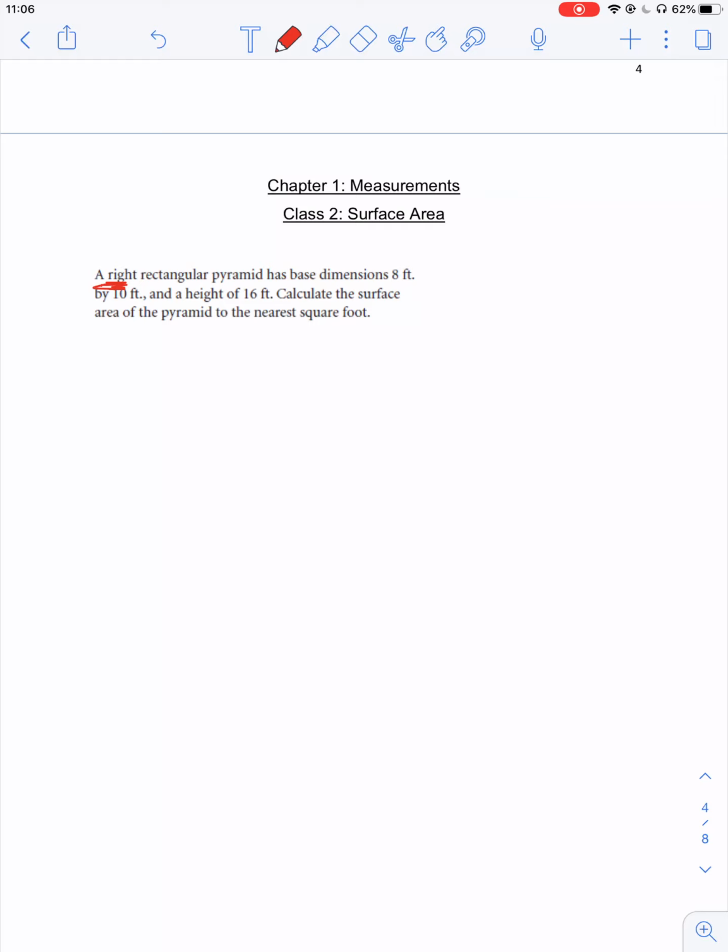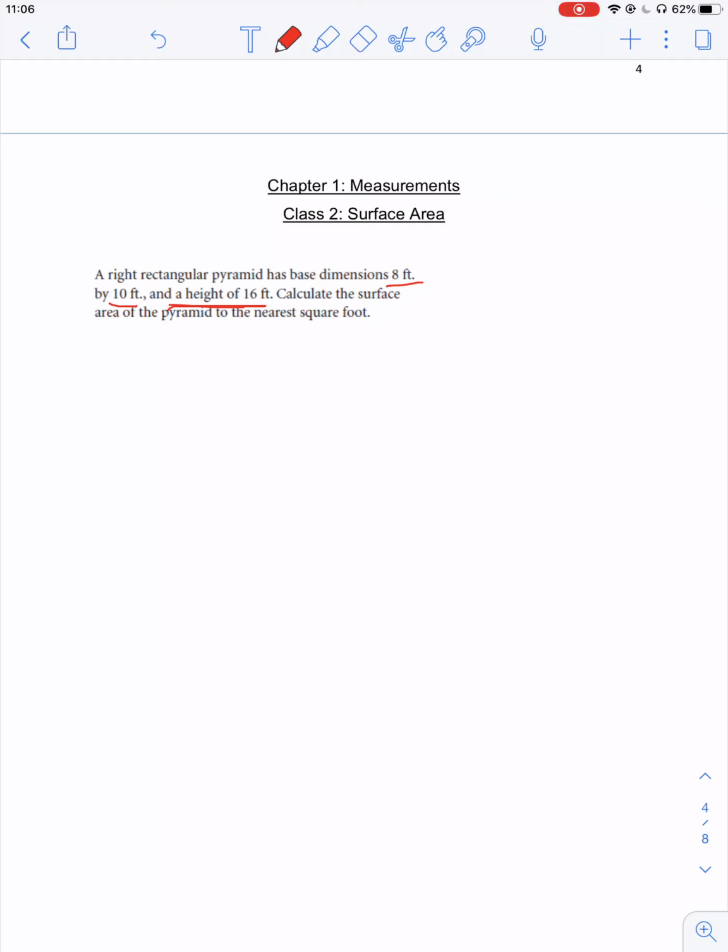It goes straight up. It's not crooked. So a right rectangular pyramid has base dimensions of 8 feet by 10 feet and a height of 16 feet. Calculate the surface area of the pyramid.